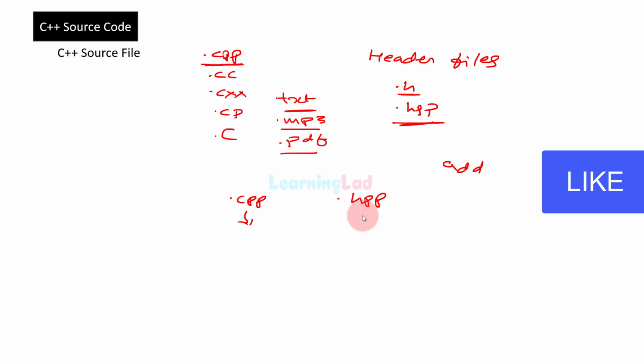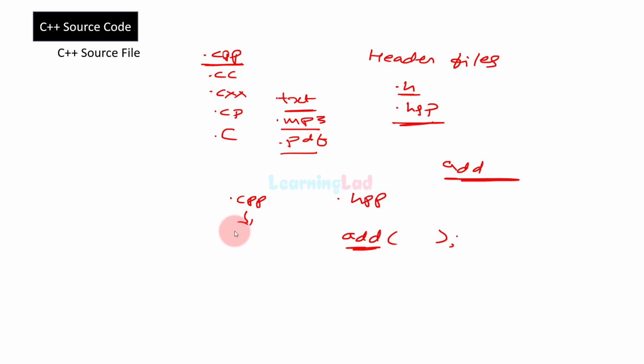Now, the header file will contain the name of the feature, how many values we have to give to this feature so that it can run properly, and all these things. It will not contain the implementation. The implementation of this feature add will be written in the files with the .cpp extension. It has a lot of advantages, and you will learn about that later in this video series. But right now, just remember that the C++ source code is saved with the .cpp extension and the .hpp extension.